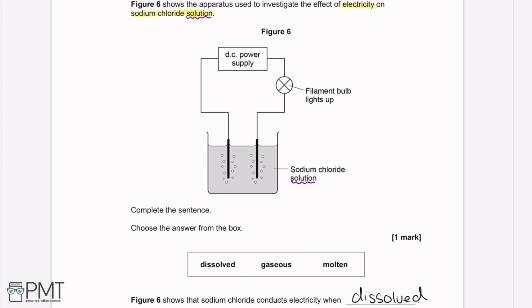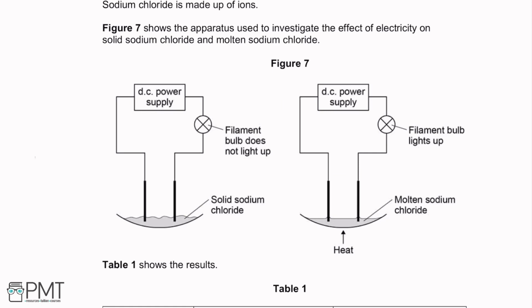Gaseous means it's a gas, obviously, and molten means that it's been melted. Well, we can see in figure 6 it's none of these things. But in fact, it is a sodium chloride solution. So the sodium chloride has been dissolved. Sodium chloride is made up of ions.